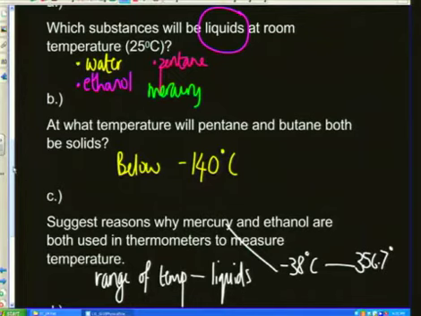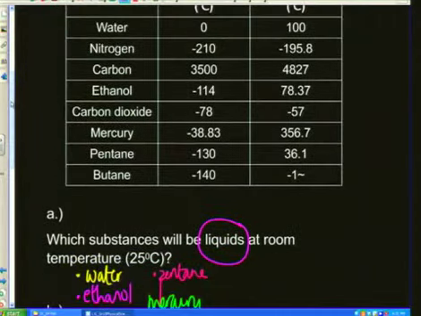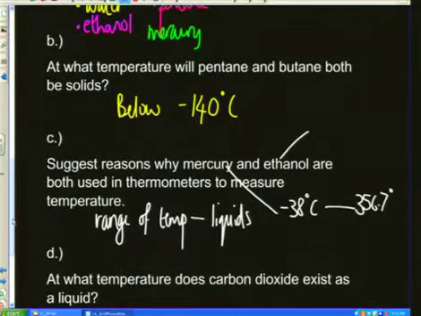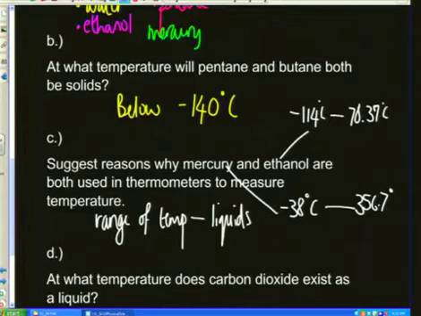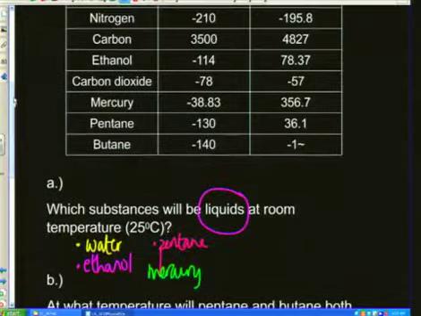Ethanol, I'm just going to put it to the side here, was from minus 114 degrees Celsius all the way through to 78.37 degrees Celsius. So notice that range of temperatures over which the substance will be a liquid and can expand up and down the tube.